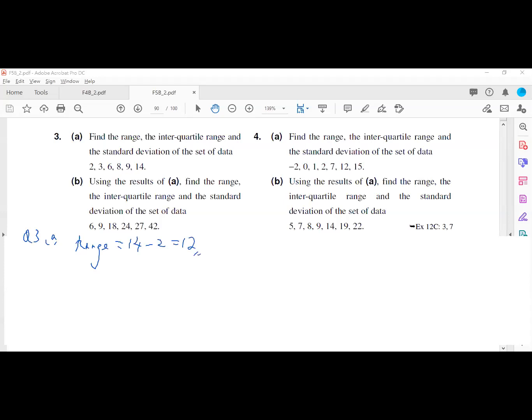Okay, just like this. And then the interquartile range is equal to Q3 minus Q1. Okay, how to find the Q3 and Q1? You need to arrange the data in ascending order. Okay, 2, 3, 6, 8, 9, 14 is already in ascending order. 由細至大排好次序，中間劈一刀。OK， 中間位6個裏邊嘅中間位係咪劈中呢一個？This is Q2.